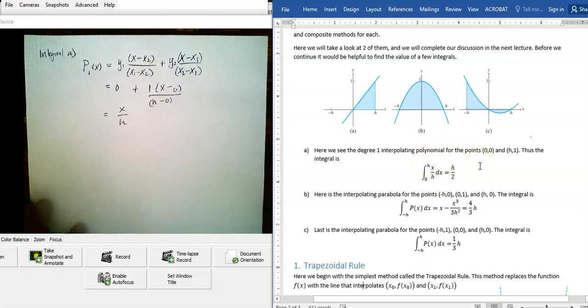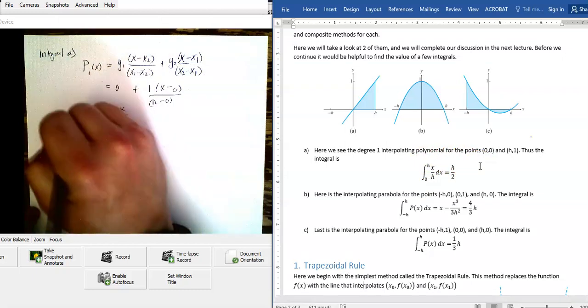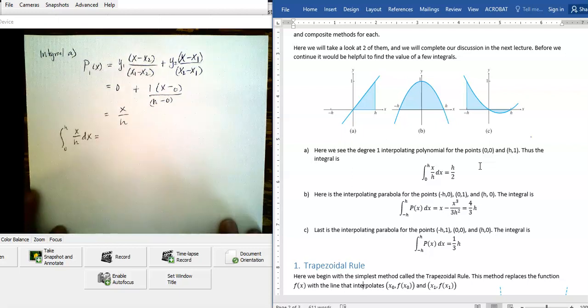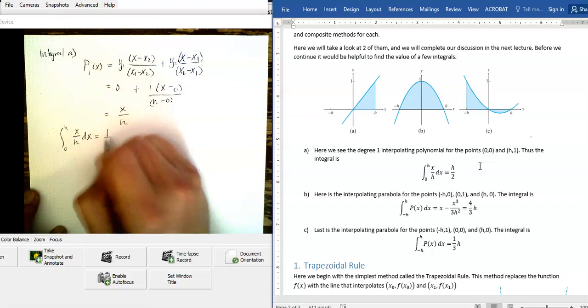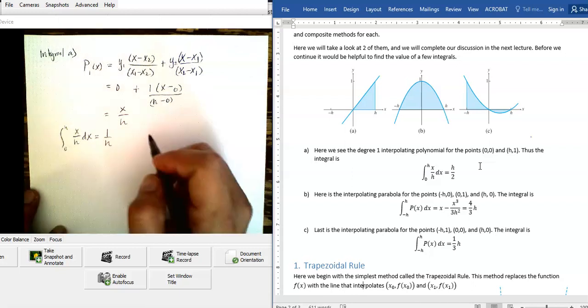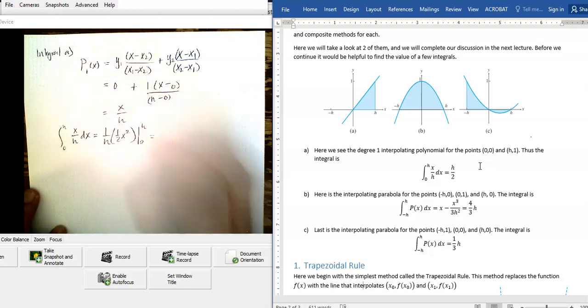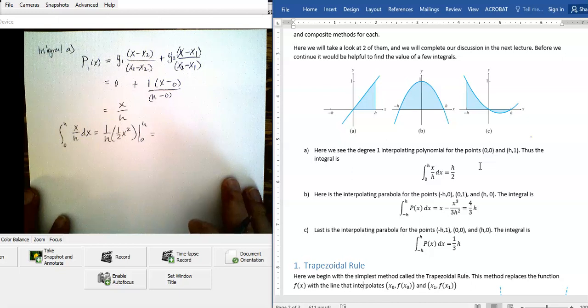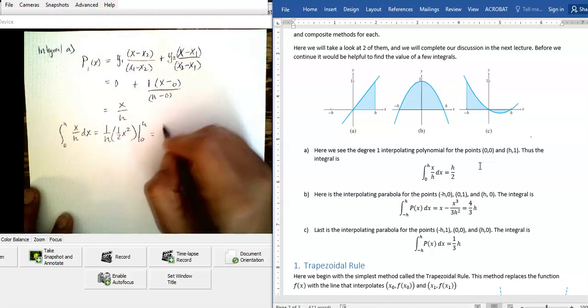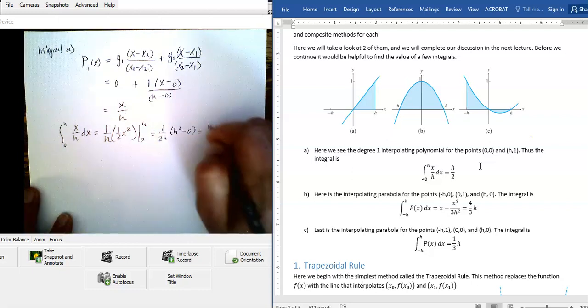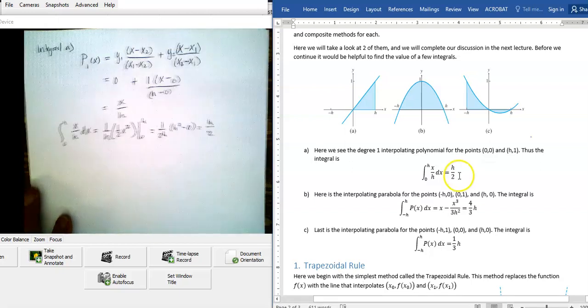Looking at the integral from 0 to h of x over h dx, this is just a constant, right? So 1 over h times the antiderivative of x, which is 1/2 x squared, from 0 to h, is 1 over 2h times h squared minus 0, or h over 2. So that's our result here.